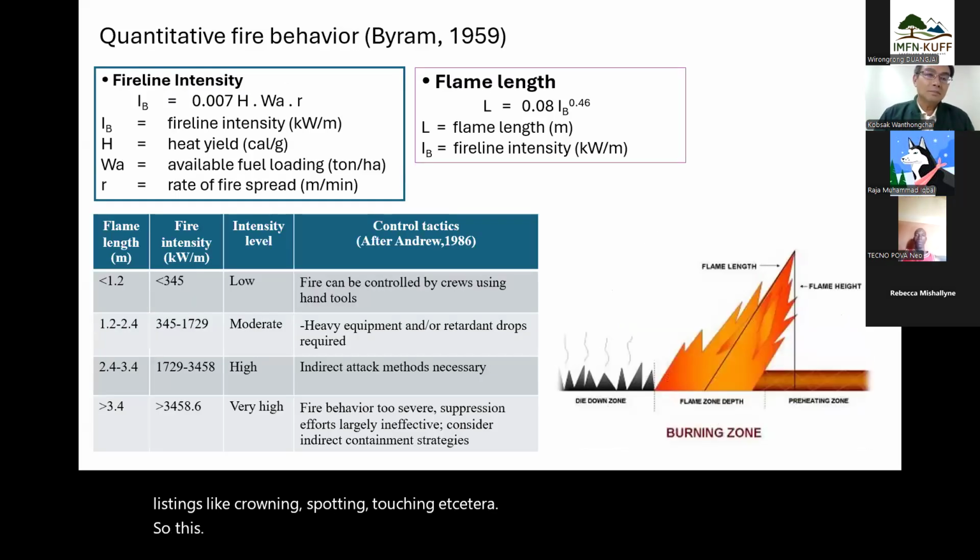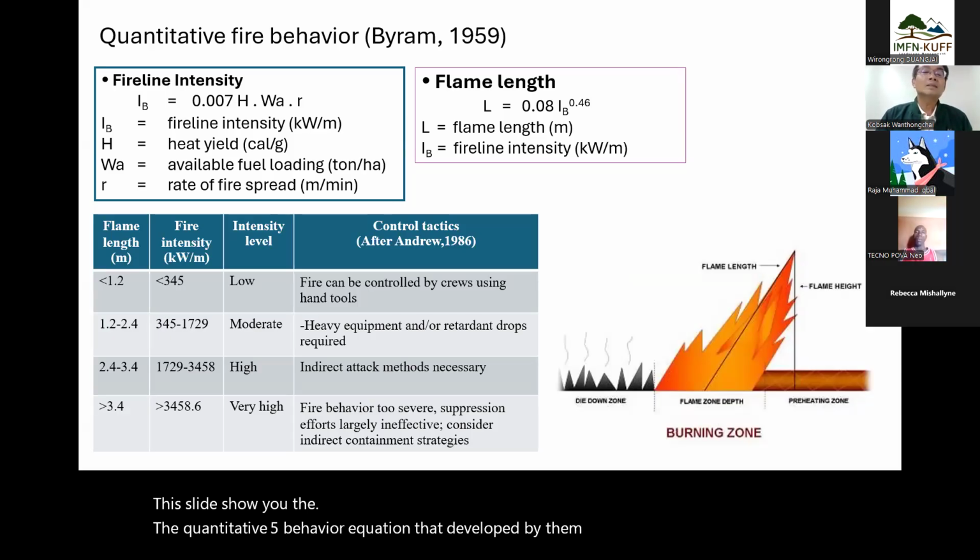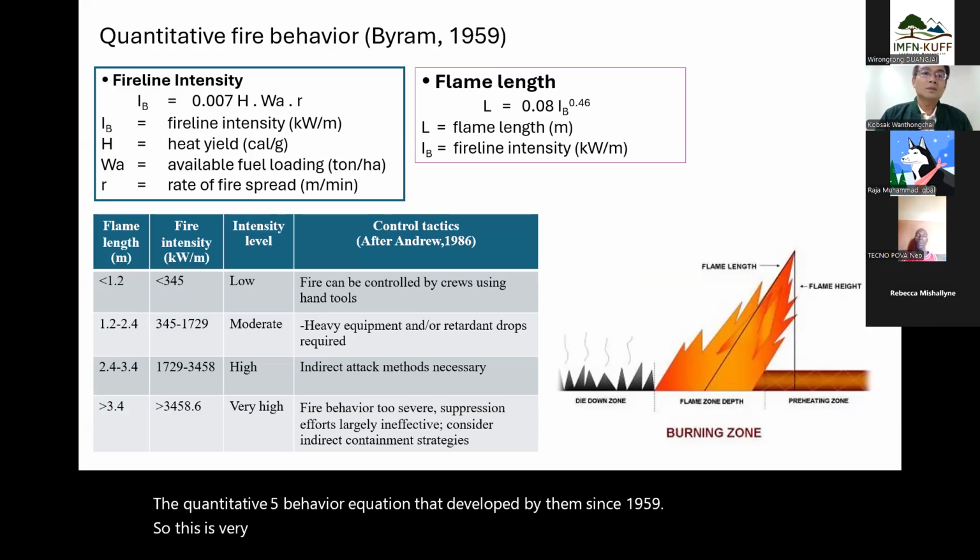This slide shows you the quantitative fire behavior equations developed by Byram in 1959. These are the most commonly used for determining fireline intensity and flame length.